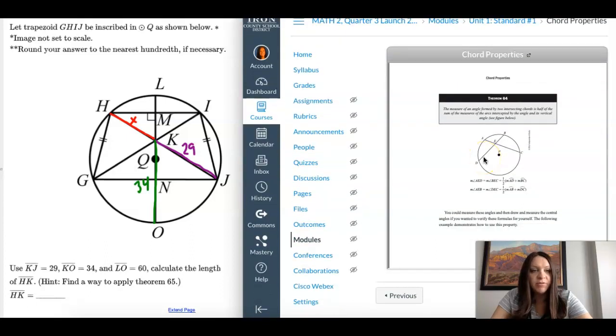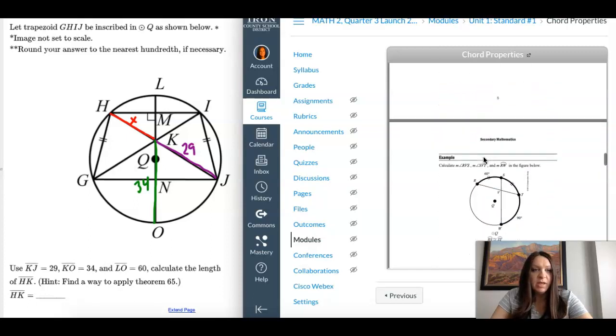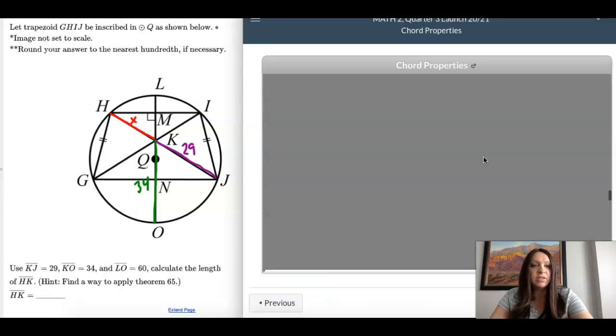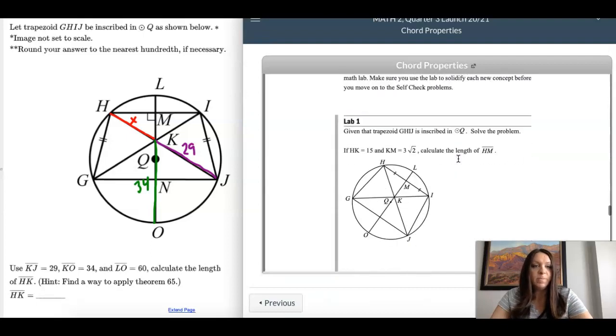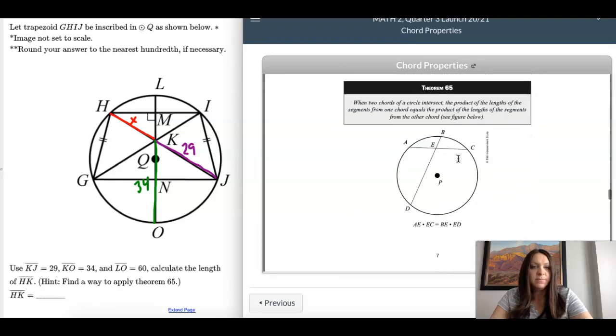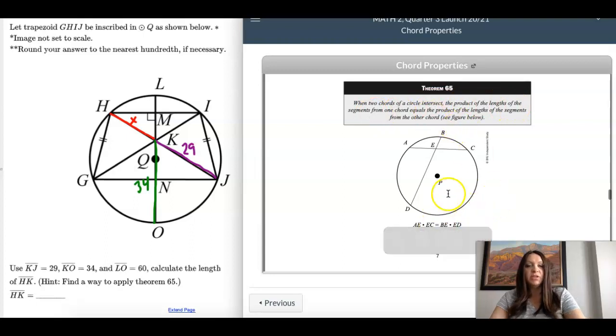So I'm in 1.4 and it tells me to use theorem 65. So that's this one. I'm just going to make it a little bigger. So when two chords of a circle intersect, the products equal each other.